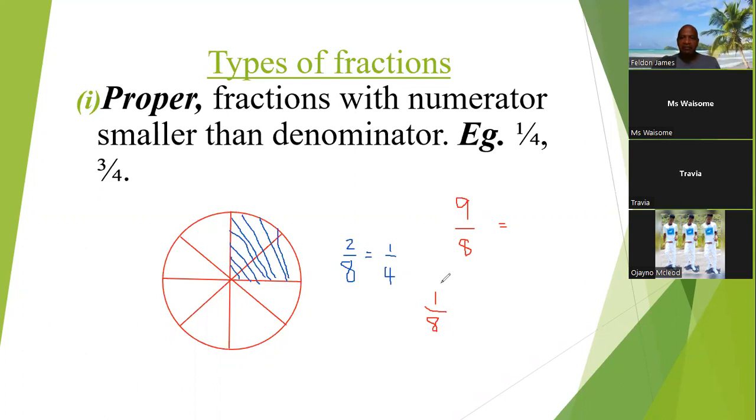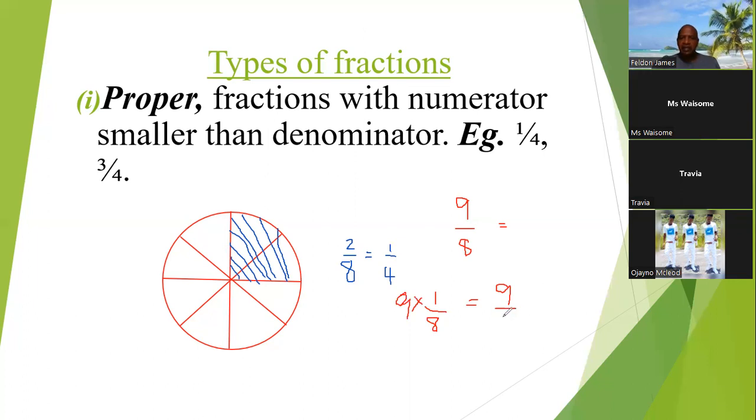And if you have 9 of the same slices, we have 9 times 1 over 8, which is 9 over 8. So 9 over 8 really means that you have 9 slices, all the same as when you cut up the pizza in 8 parts. That's all it is saying.